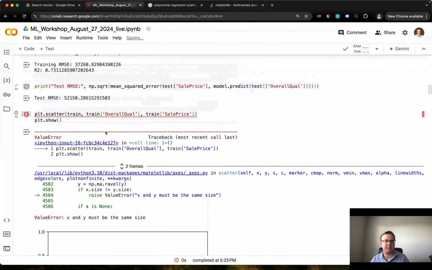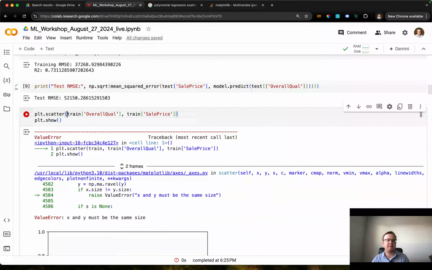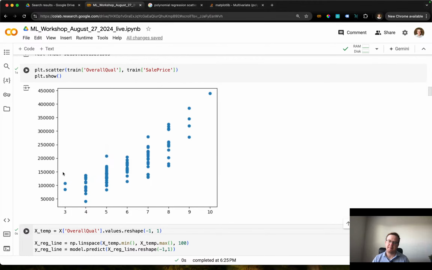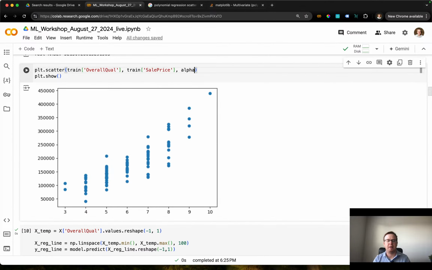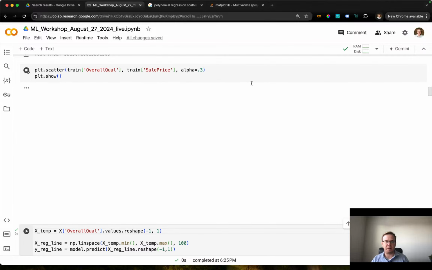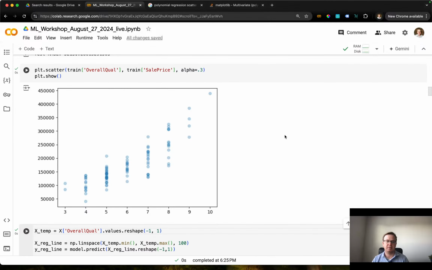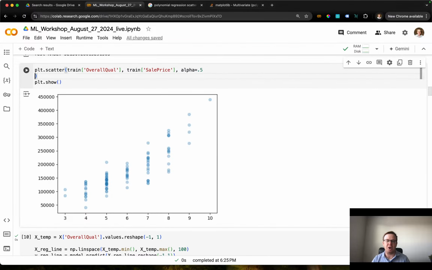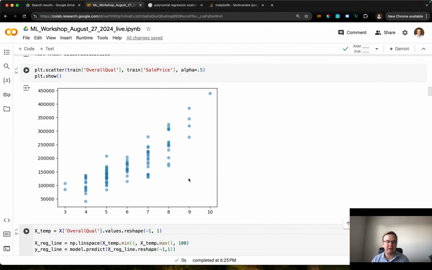X and Y must be the same size. Oh, it thinks that this is X. So with Seaborn, you pass the data frame first. And let's add an alpha, which is the transparency value, of 0.3. Maybe just 0.5.